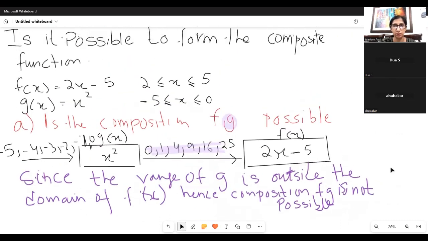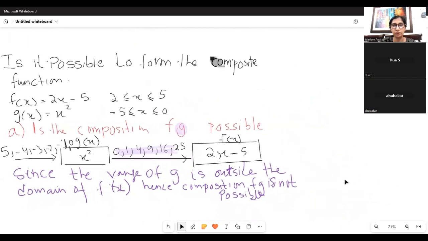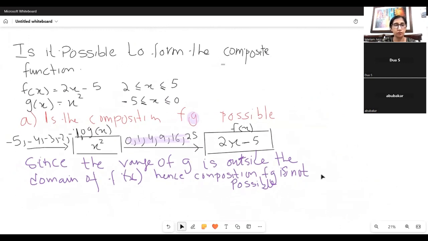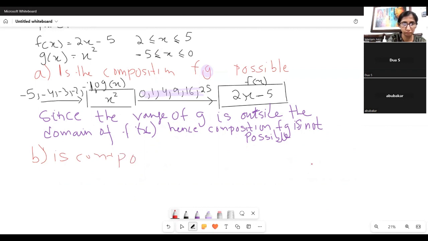Second part: is the composition gf possible?